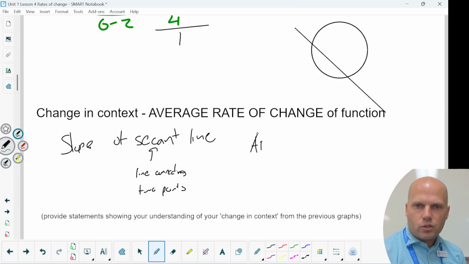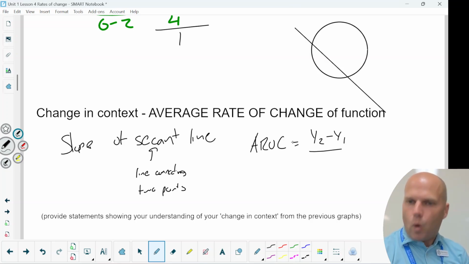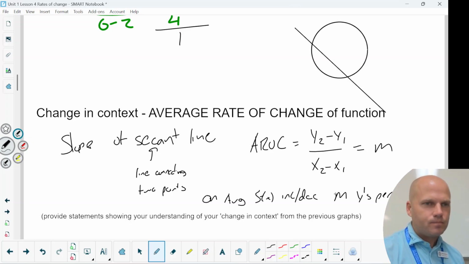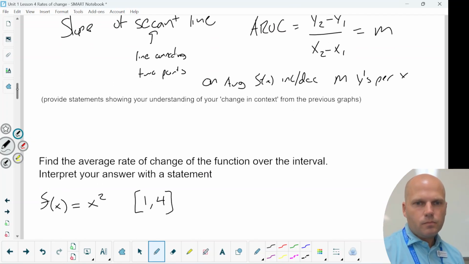We can use the acronym AROC as the average rate of change, and we could say find how your y's changed, find how your x's change, get an m value, and you would say on average your function either increased or decreased based on the sign of this m, this many y's per x over the interval. Cool.